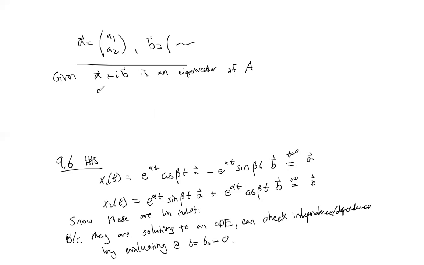And we know that A minus iB is also an eigenvector of A, and we know that these two vectors are linearly independent.